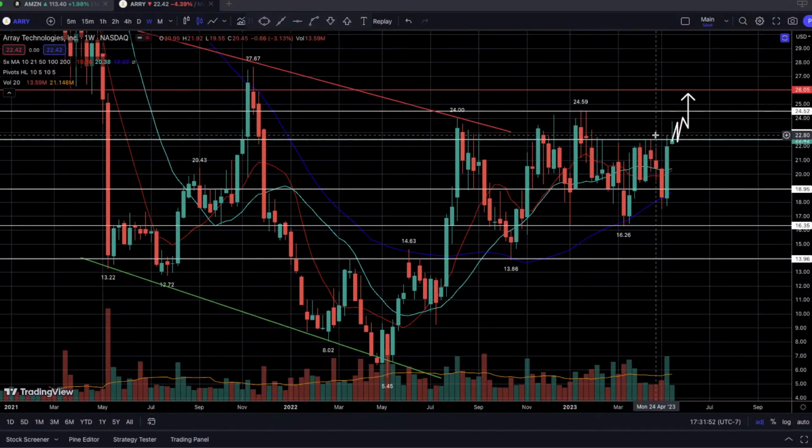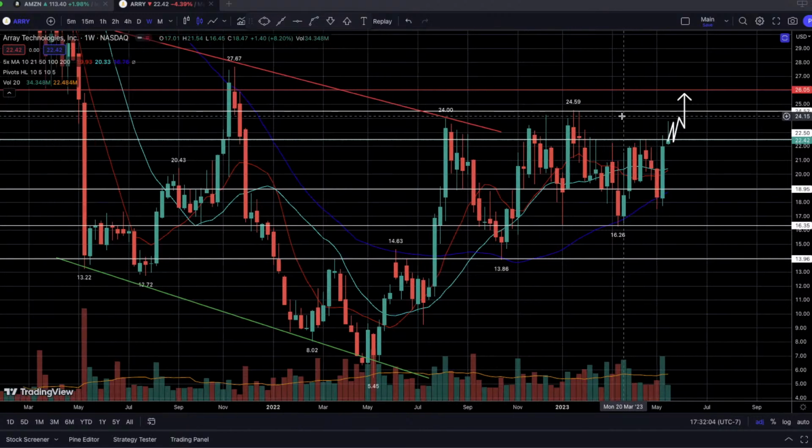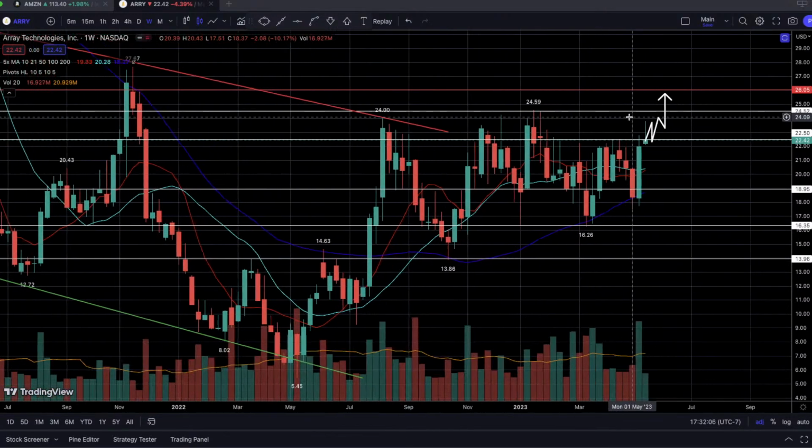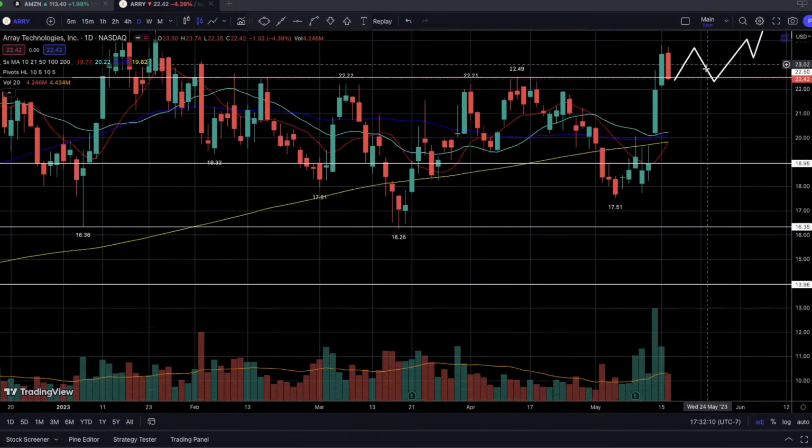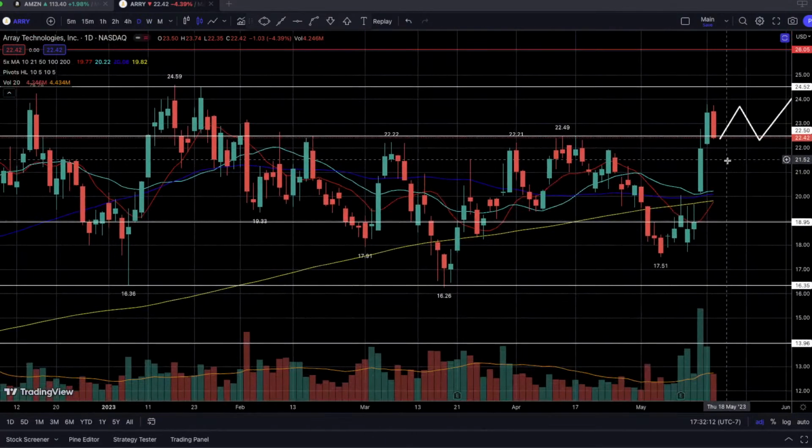And this base consists of two major levels of resistance at 22.50 and 24.50, exactly a $2 difference. So you guys can kind of imagine where we were looking at this one. If you go back to the daily time frame, we're looking at a break over $22.50, and that's exactly what we got on Monday.